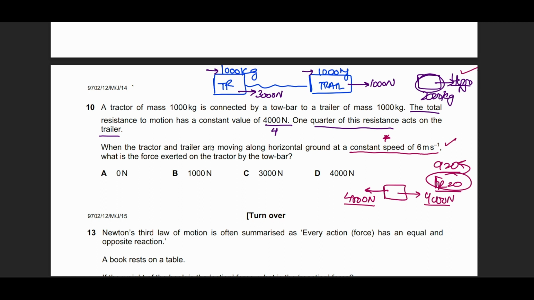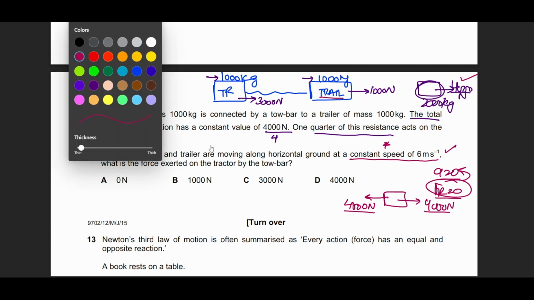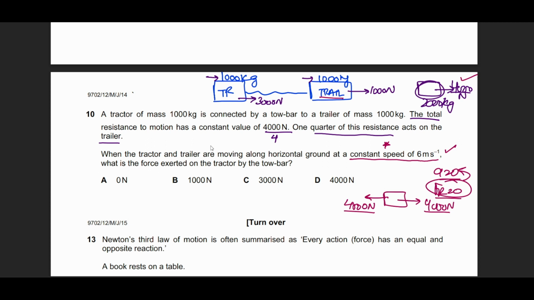So what is the force exerted on the tractor by the tow bar? Now we want to understand that this trailer is exerting a force on the tractor, right? This is happening through the rod, the chain, the tow bar that is connected between the objects. And we know that rods, chains, tow bars, threads, they experience a force of tension, or they transmit one object's force to the other one through the force of tension.